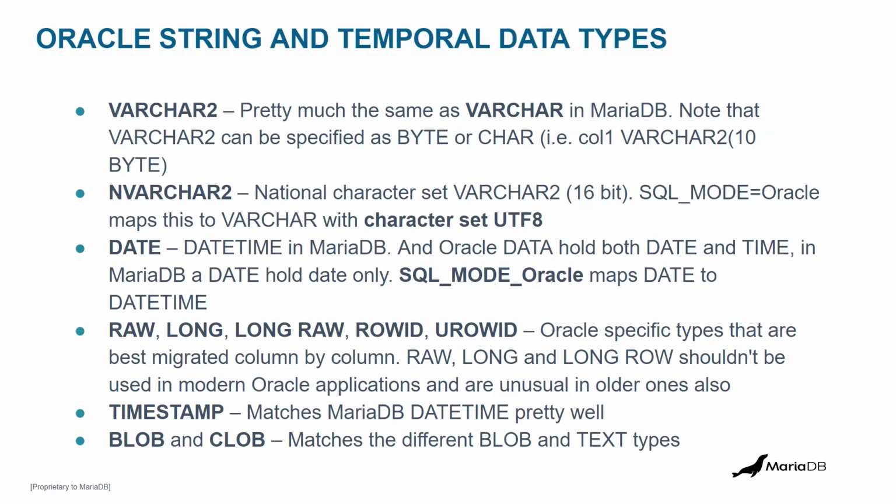Blob and clob, from a database perspective, are similar to blob and text in MariaDB. The difference is on the application side of things. If there's a huge use of blobs and clobs in your Oracle application, they're likely to use the specific blob and clob APIs, which do not exist in MariaDB. So it depends quite a bit on the application, what you're doing here.